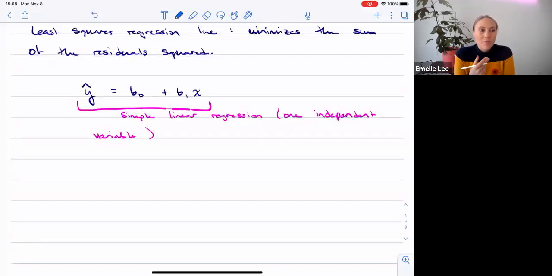And the goal of making regression equations is to model the relationship.